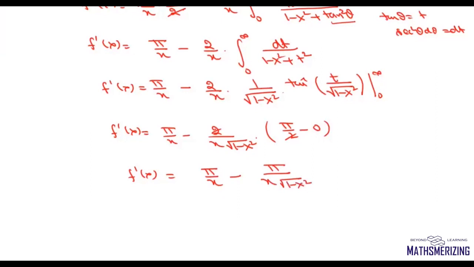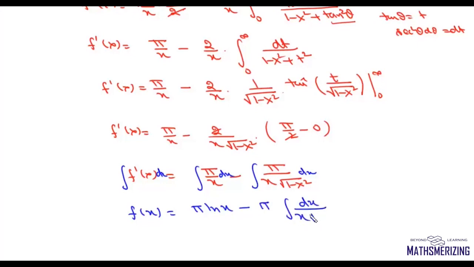Now we integrate this function with respect to x. On the left hand side, it will be simply f(x). This one will be pi log x, and then minus, we'll take this pi common, and it will be dx upon x into under root of 1 minus x square. Now this is of the form linear into root quadratic, and when it is of the form linear into root quadratic, we'll take this linear as 1 upon z.